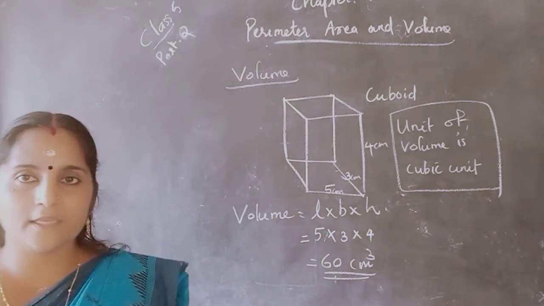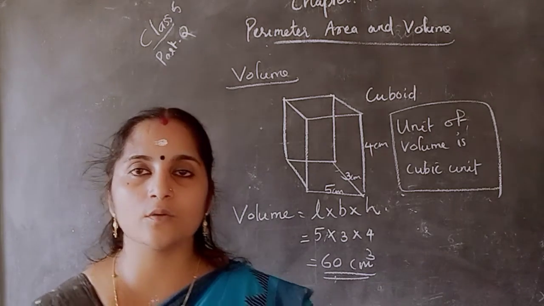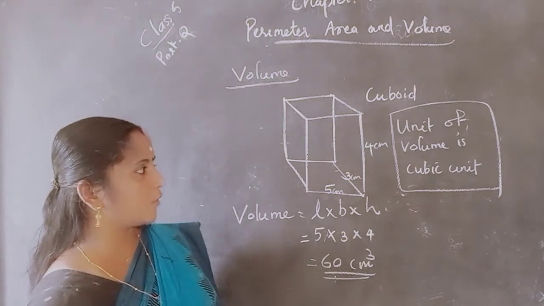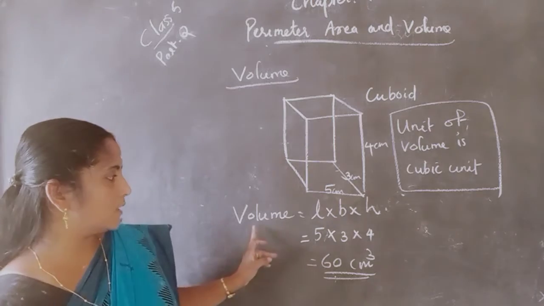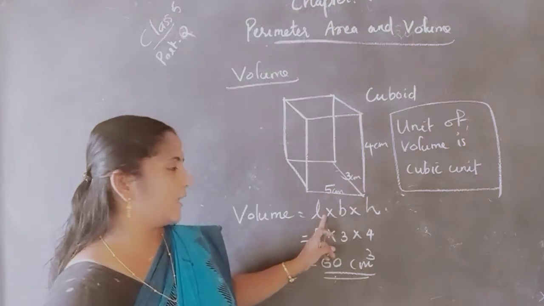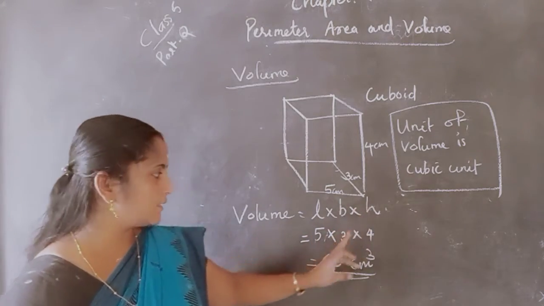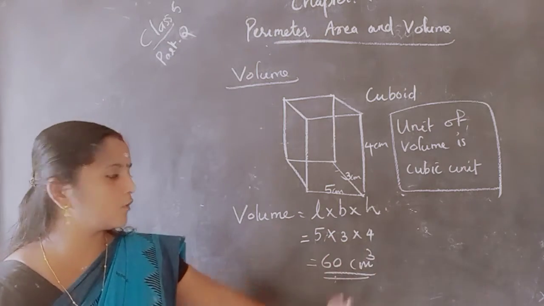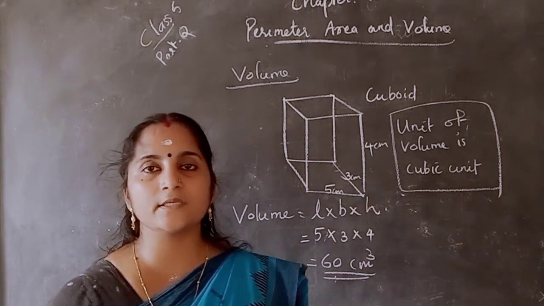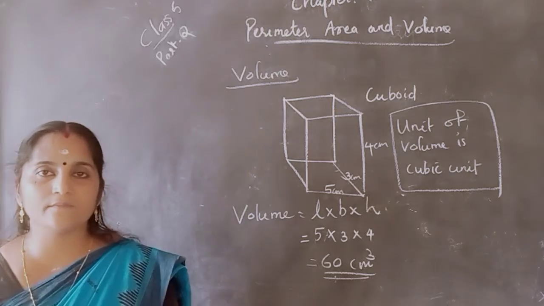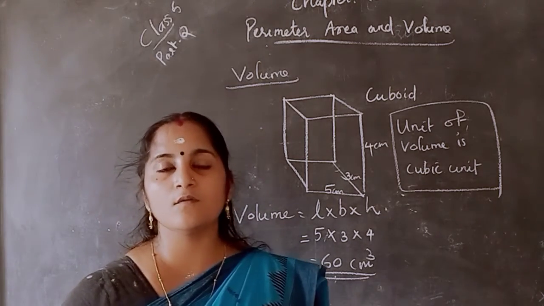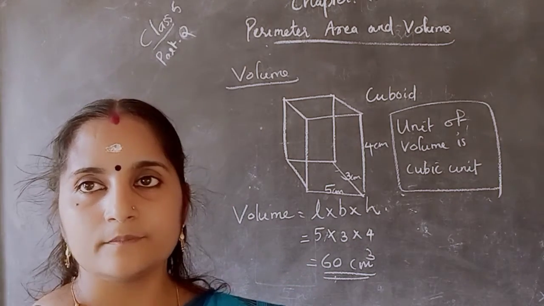Unit of area is square unit, and unit of volume is cubic unit. Volume of this cuboid is length into breadth into height, that is 5 into 3 into 4. It is 60 centimeter cube. In this way we can easily find out the volume of a cuboid.